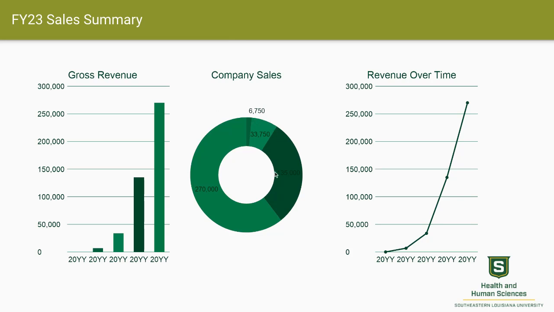You can also see there's an increase in where the sales are coming from, and you're looking at revenue over time. These two together are presenting the same information. This is a line chart, as you know, this is a bar chart, and this is a pie chart.